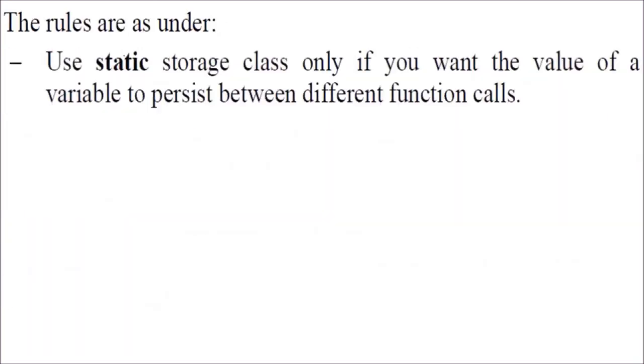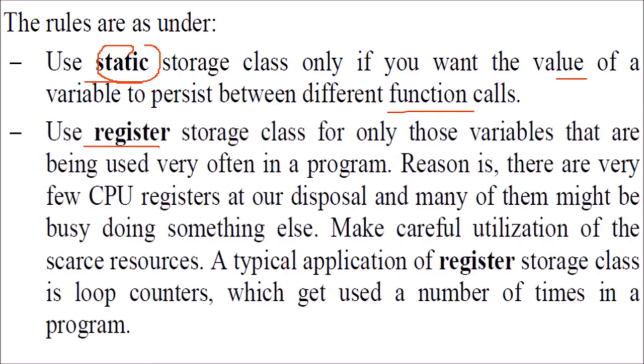So the rules are: use static only if you want the value of the variable to persist between different function calls. Otherwise, static will always remain and keep the memory by itself. Register only when you use a variable again and again in your program. If you are using a variable heavily, like loop counters, then you must keep it in a register, otherwise not.